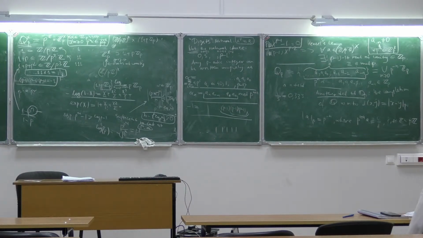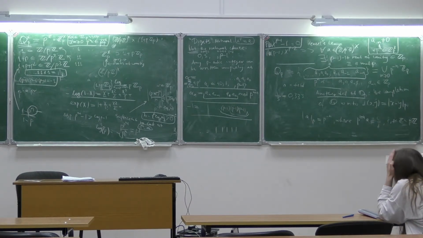Oh, that's where the problem breaks. The evaluation, how much p there is in n, is less or equal to the logarithm. Does that break when p is 2?